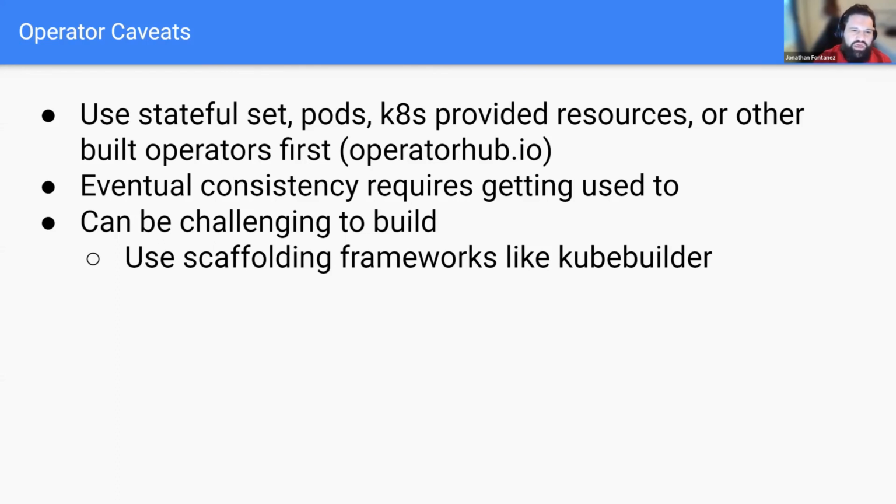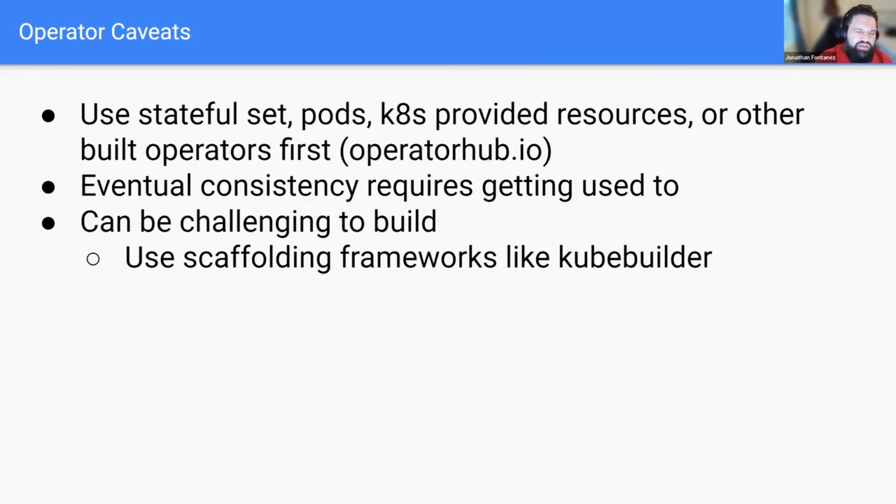It is a Golang specific scaffolding framework, but there are others out there that can help you get started and build out all of these custom resources and define your controller.